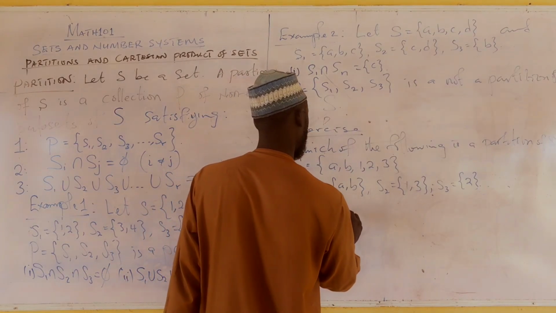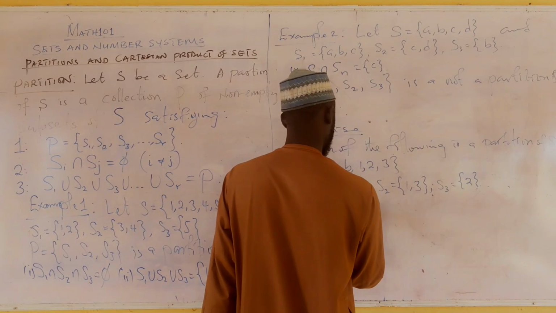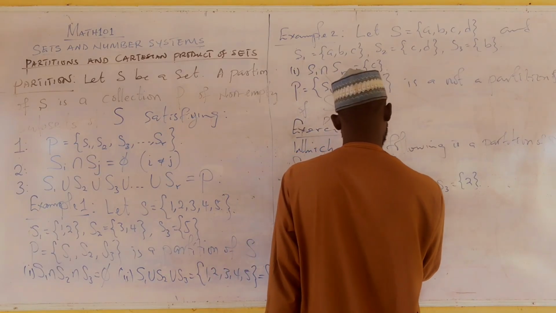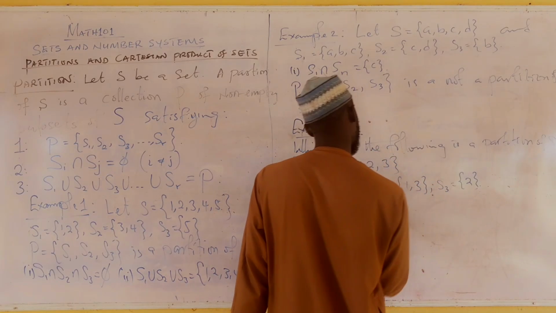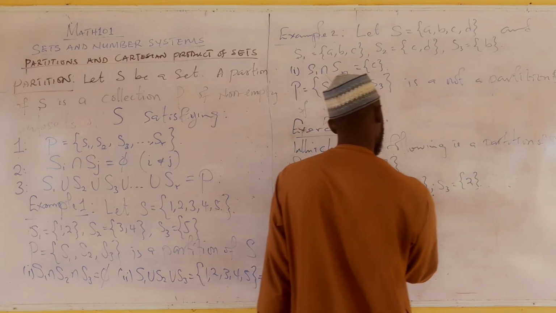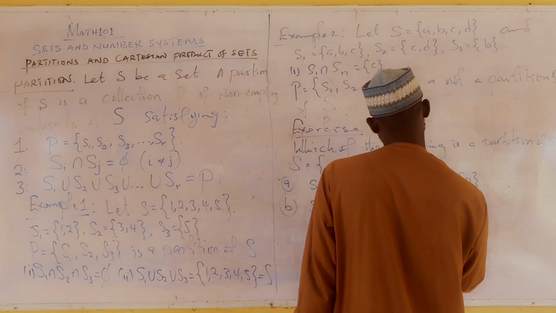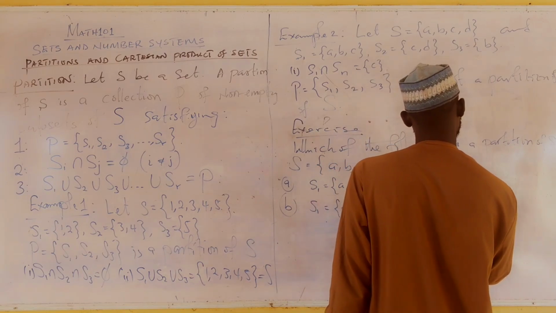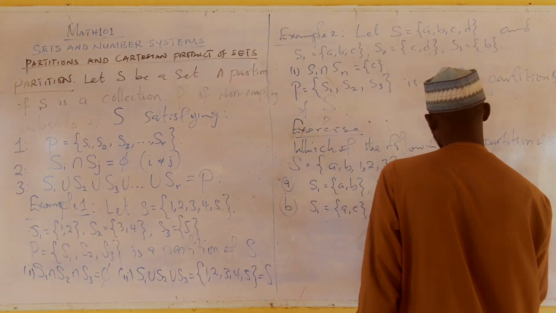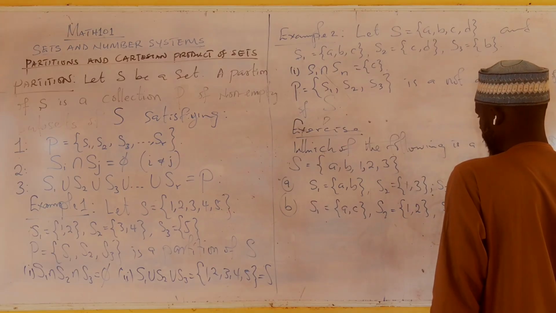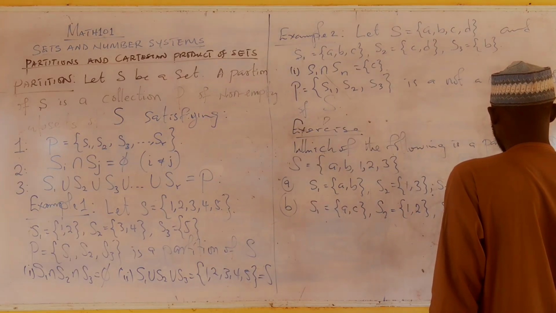B: S1 is equal to a, c, S2 is equal to 1, 2, and S3 is equal to a, 3.